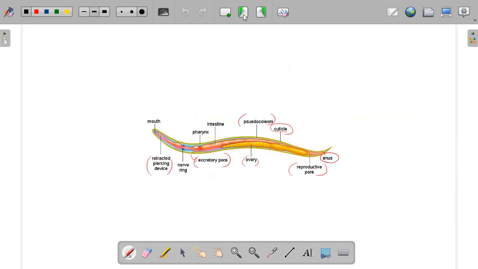They have the reproductive system, especially in a female body, and you can see the mouth and anus, the digestive system fully developed, the pharynx, and the excretory pores removing the waste, and they even have a primitive nervous system. And you can see they have pseudocoelom, the false cavity present in the body.